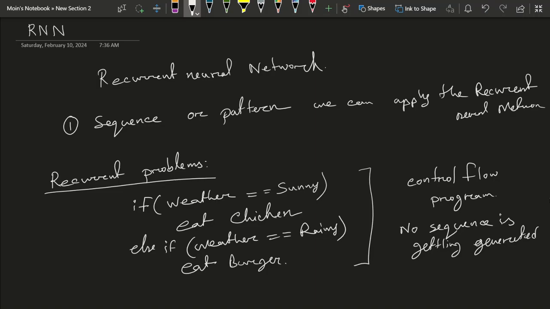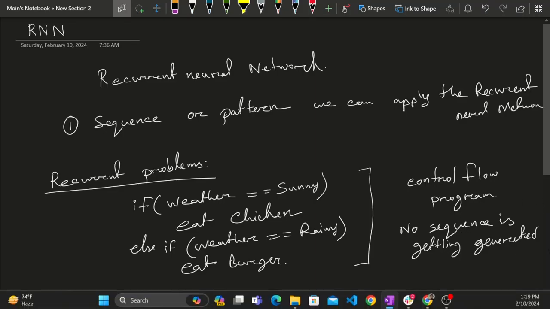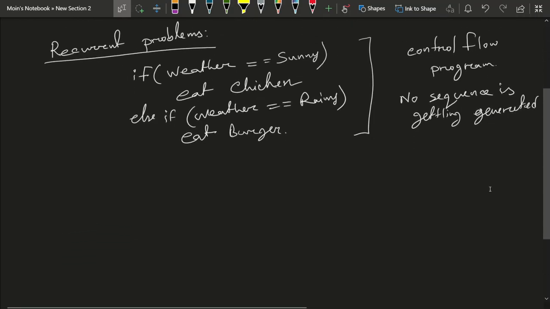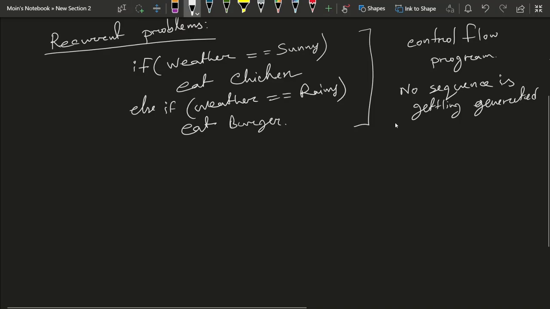And because there is no sequence getting generated, we cannot apply RNN in this sort of problem.